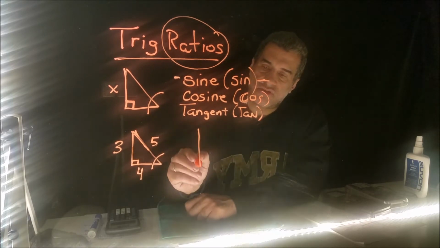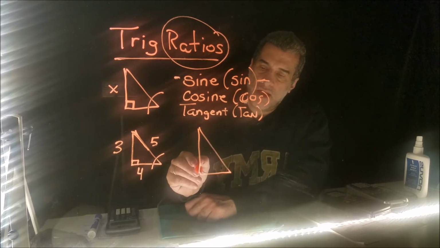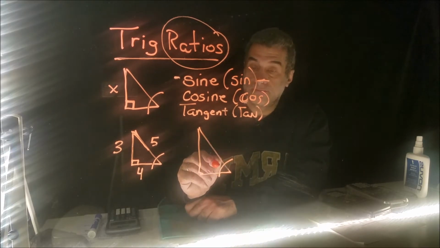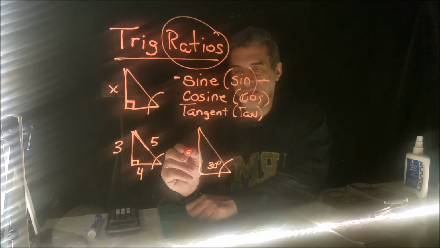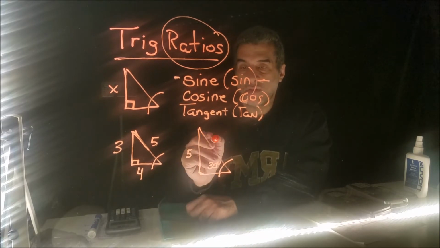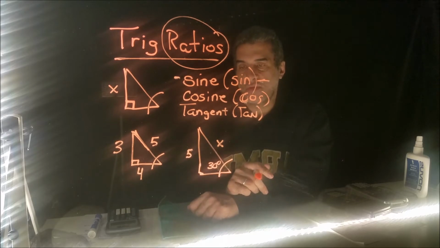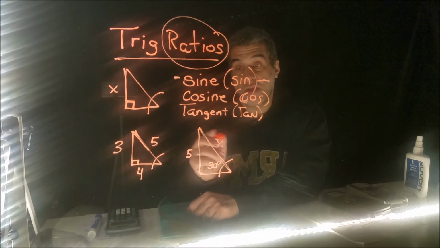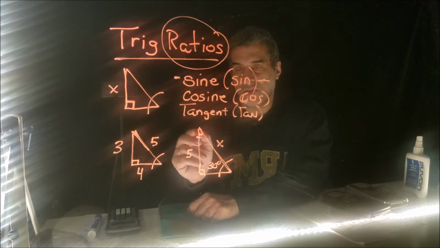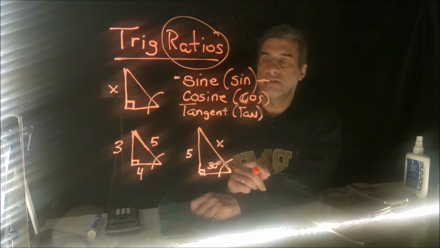So let's say I had this triangle, and let's say we have a degree here. And let's say the degree is 30. And over here we had a 5, and over here we had x. So in other words, we don't know what the hypotenuse is. And remember, the hypotenuse is the longest side of a right triangle.